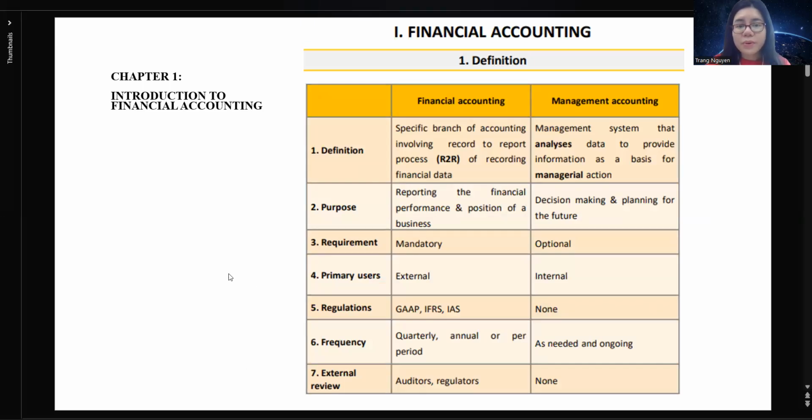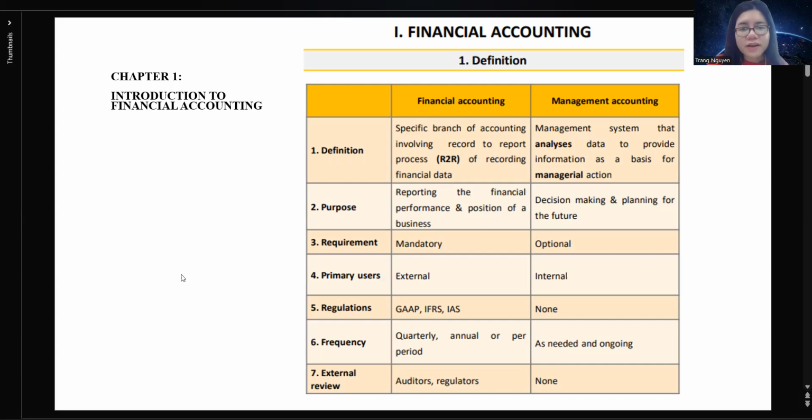And now we will come to the definition of financial accounting and management accounting. This table will give us the chance to compare the difference between financial accounting and management accounting via some criteria. The first is the definition.